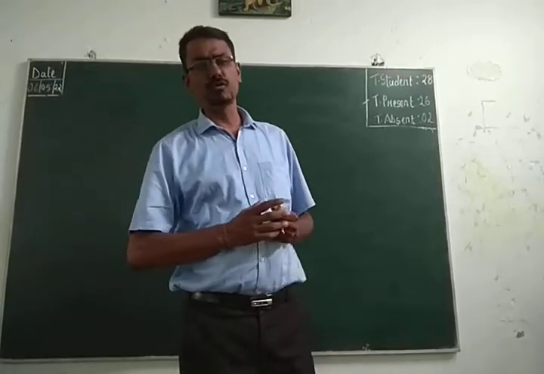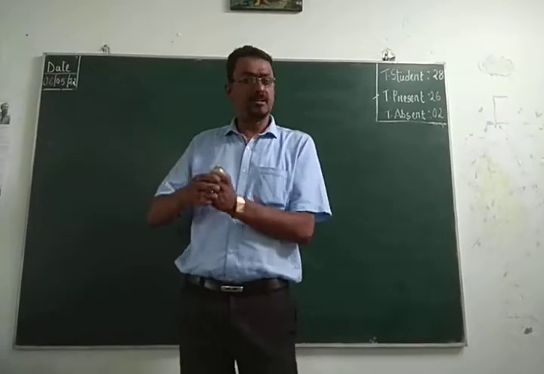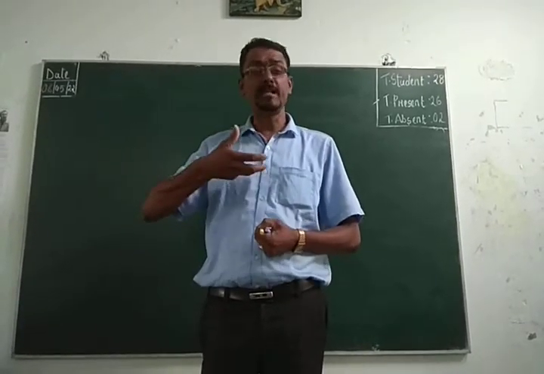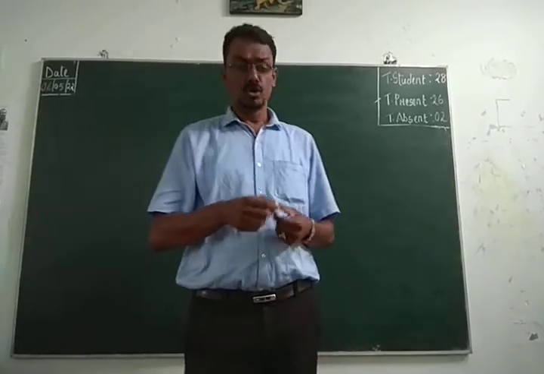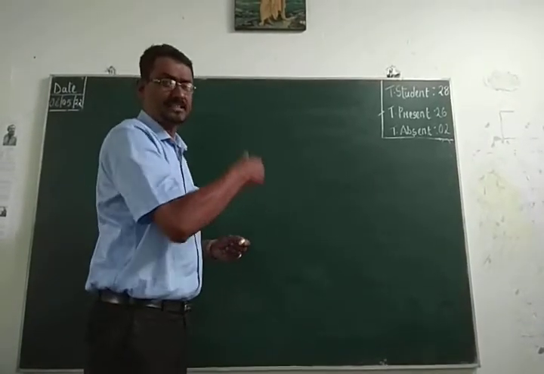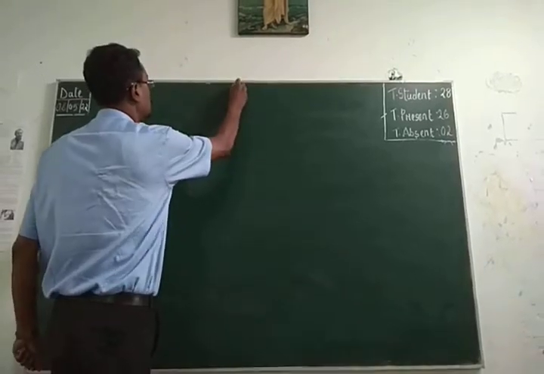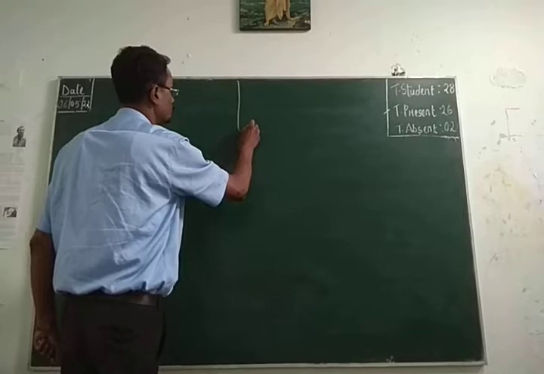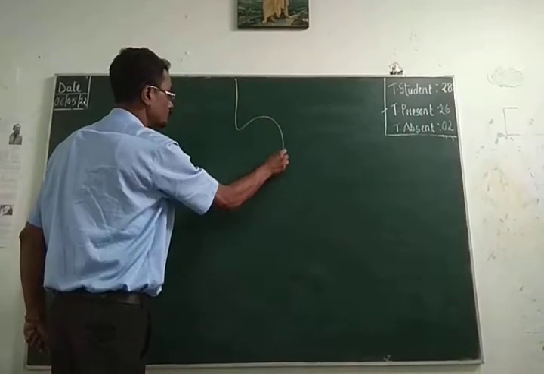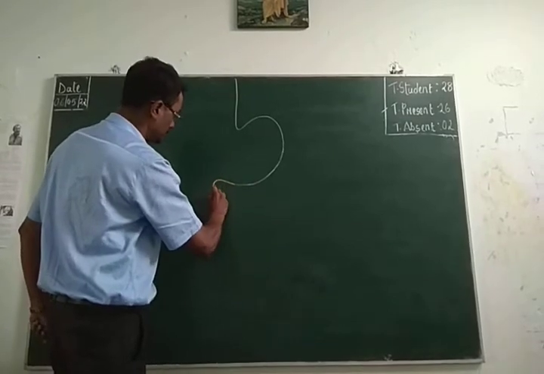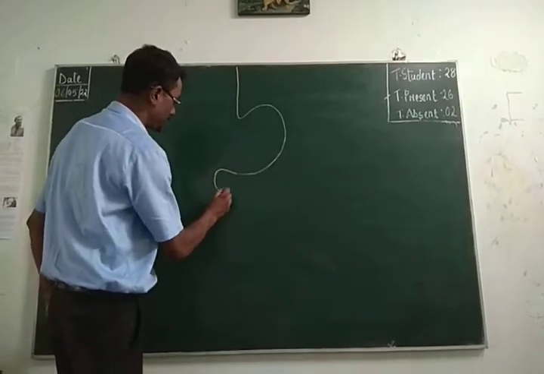Let's now move to the rest part of the process of digestion that takes place in the human digestive system. So we'll have the diagram in a very quick process, that is a quick sketch. This is the stomach. This goes like this.